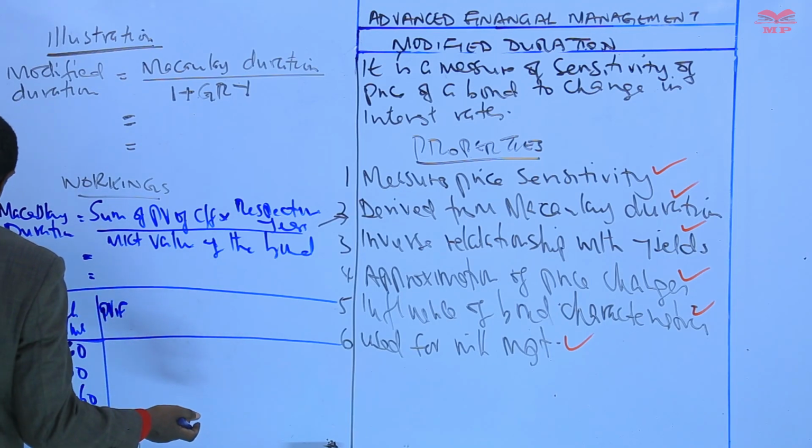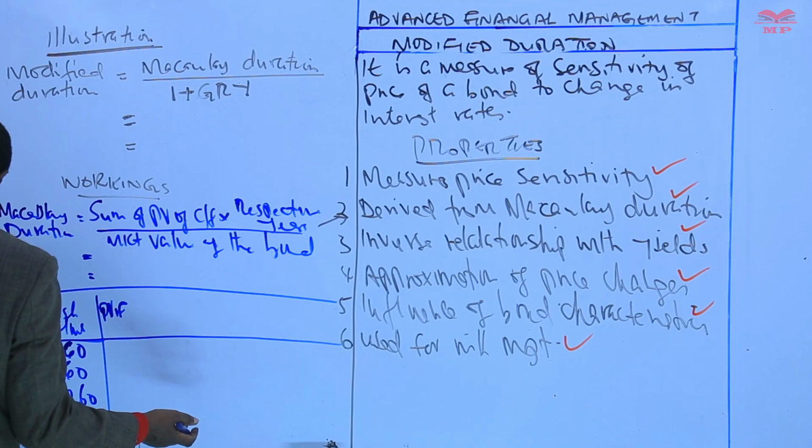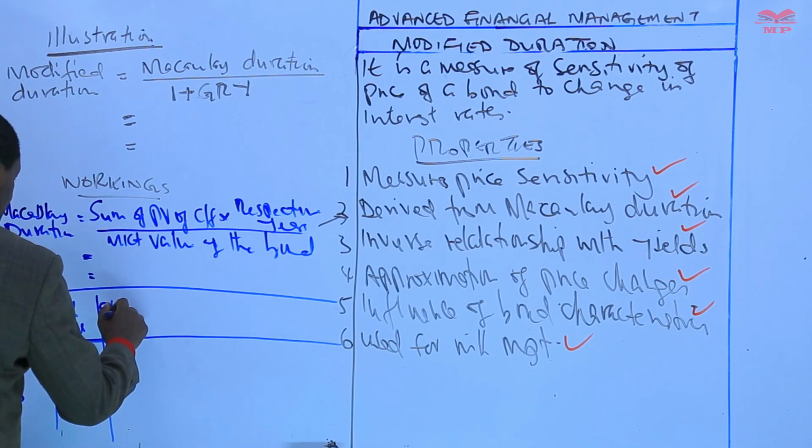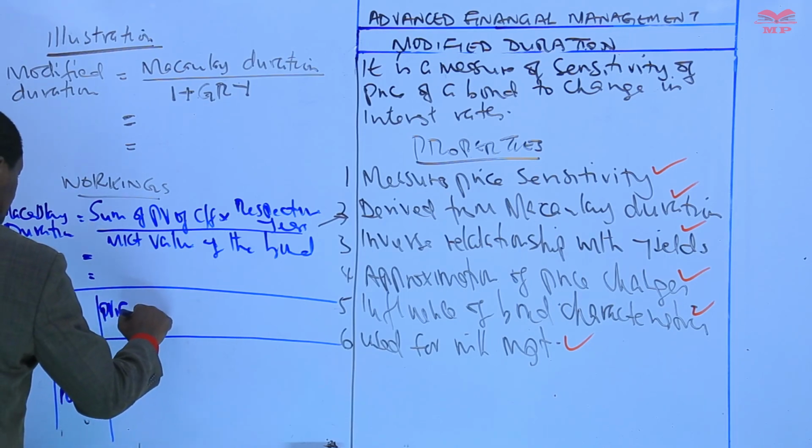What will be the discounting rate? Are we given the discounting rate? Yes, we have the gross redemption yield of 3.5%.